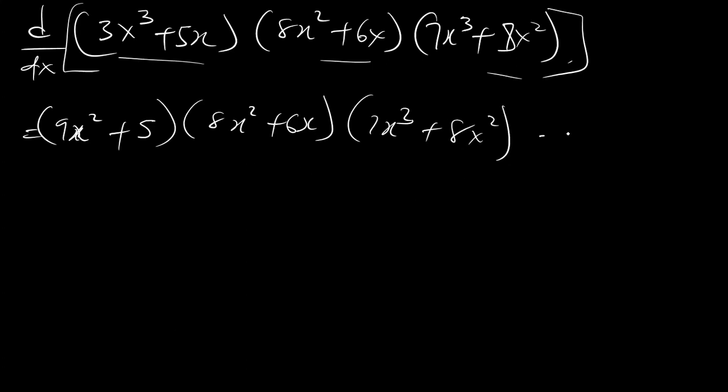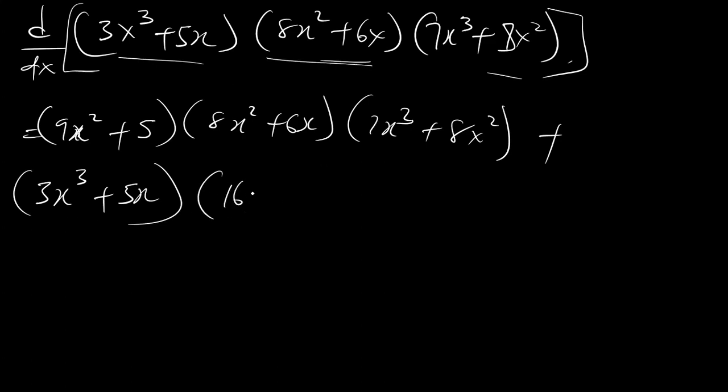So leaving that, then plus, you now leave u, which is 3x cubed plus 5x, you leave that one, then differentiate this, you have 16x, that is 2 times 8 is 16x plus 6, the derivative of 6x is 6. Then you also leave this, which is 7x cubed plus 8x squared.